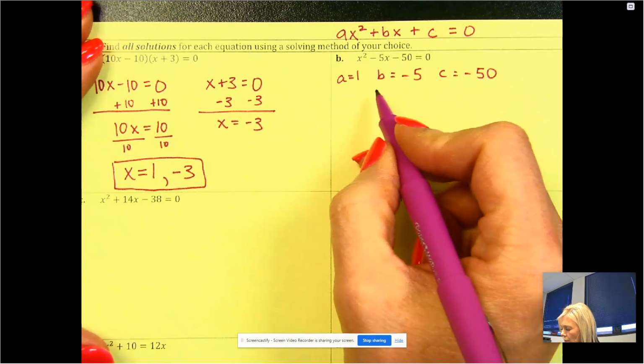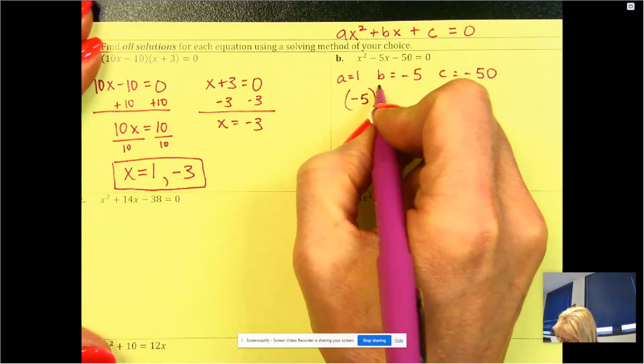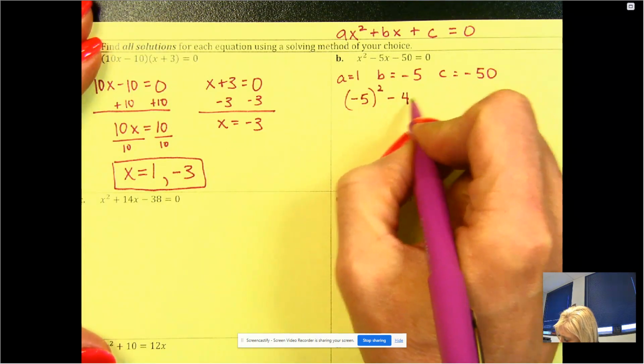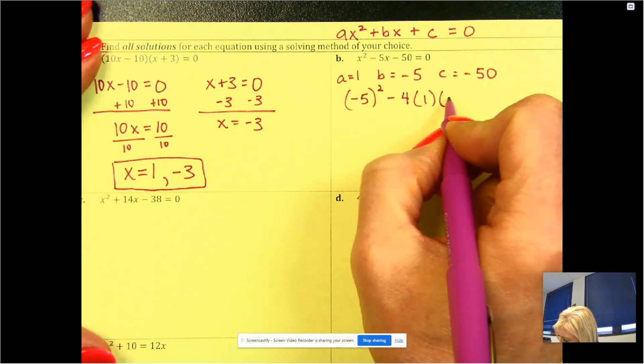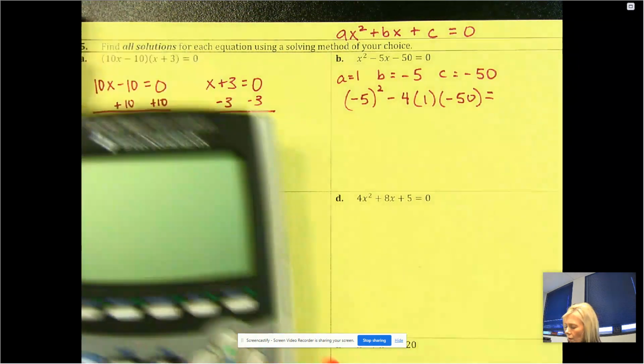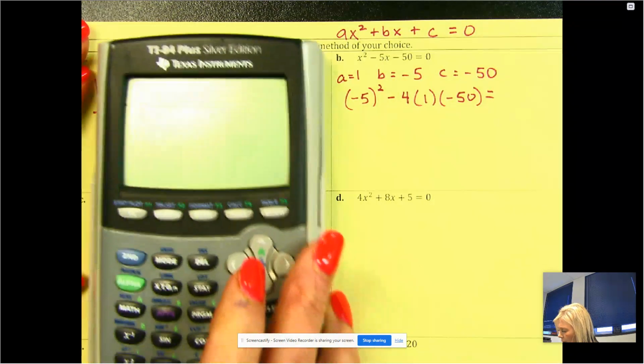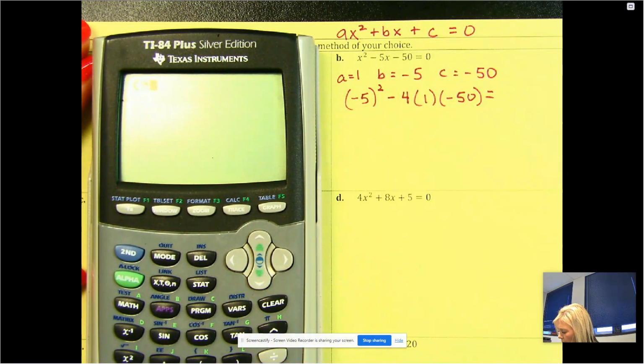And so I'm going to evaluate B squared minus 4AC. And remember, when you put this in the calculator, that -5 must be in parentheses before you square it.